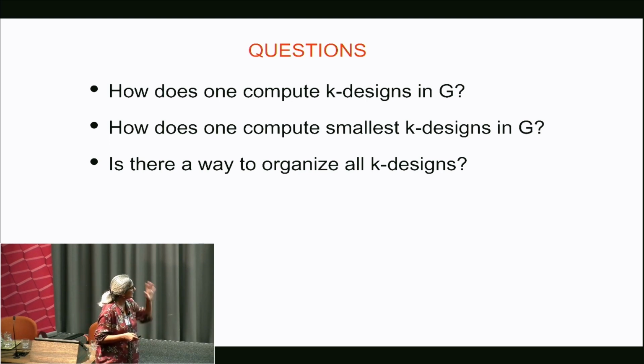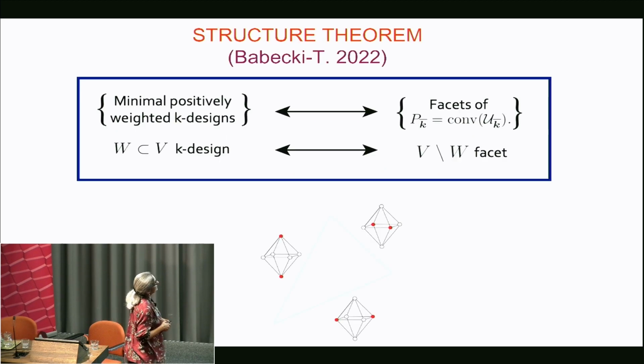So we thought about this for a long time, and didn't make any progress. But then at the end of the day, we figured out that there's a way to do the last one. There's actually a structure on all these designs, which is maybe a way to optimize. So let me explain that theorem next. Okay, so here's the main theorem. I'll call this the structure theorem. We proved that the minimal positively weighted K designs, and from now on I'll mostly only talk about positively weighted designs, where minimal means minimal by inclusion, are in bijection with the facets of a polytope.